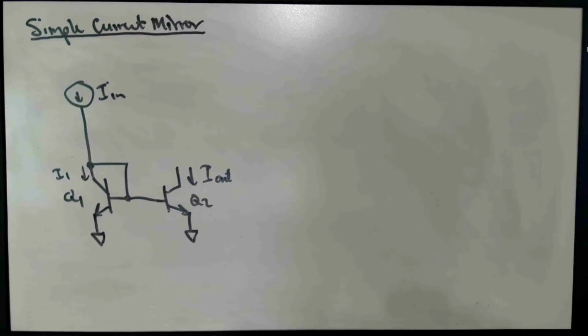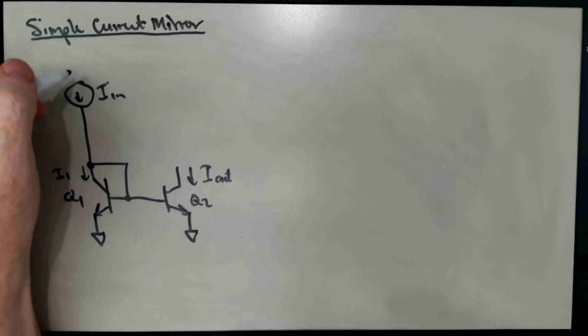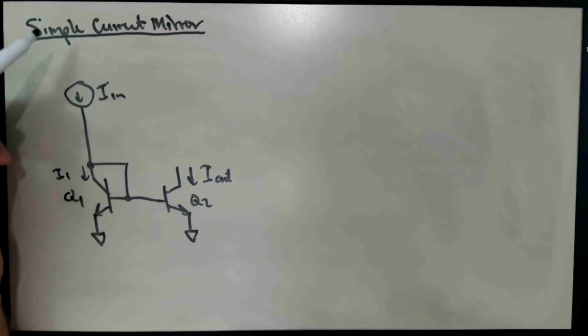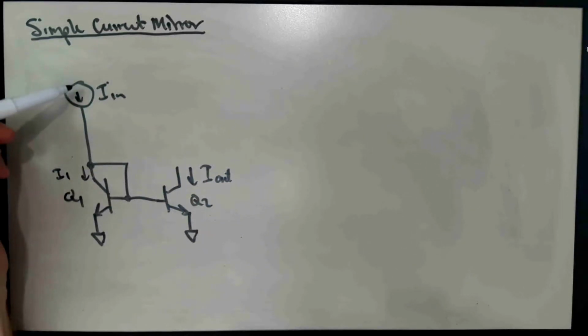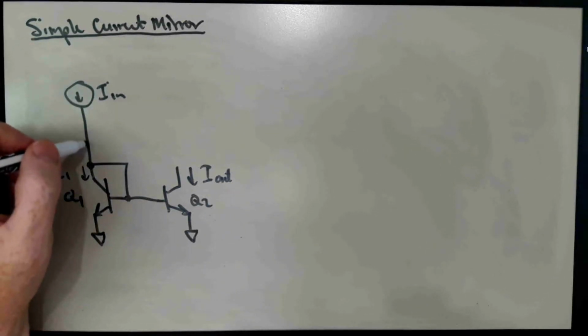So, why would we want to do this? Why is this useful? Well, one thing which may not be apparent is that a current mirror takes what I would call a current source and turns it into a current sink. Right? So this is a current source that is coming down from above. It's dumping current onto the input node.